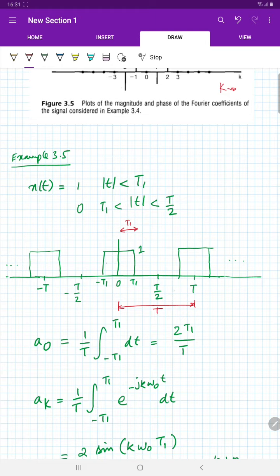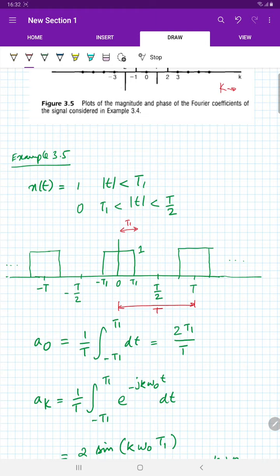The part of the square wave from 0 to t1 is an interval where x of t takes a value of 1. So this value is 1 from 0 to t1. The remaining part till T by 2 is 0. We have shown it as absolute value of t, so it extends to both sides. And this repeats.